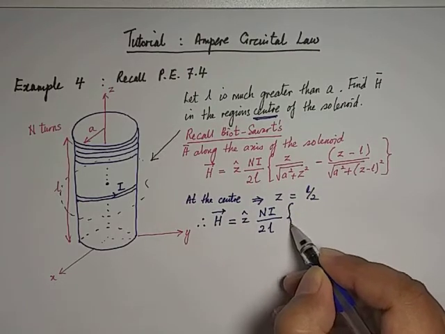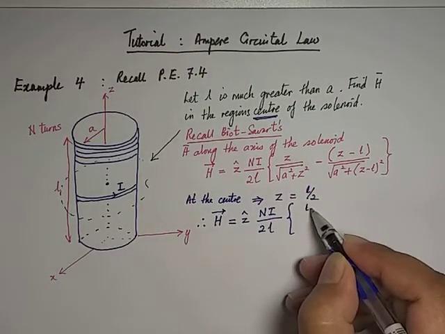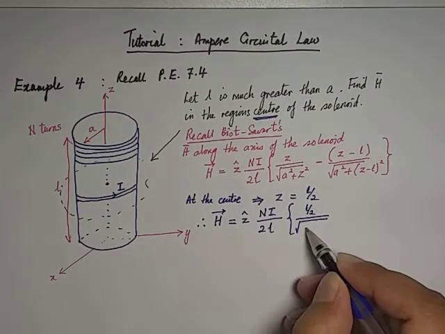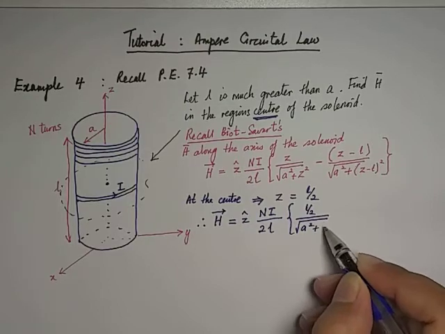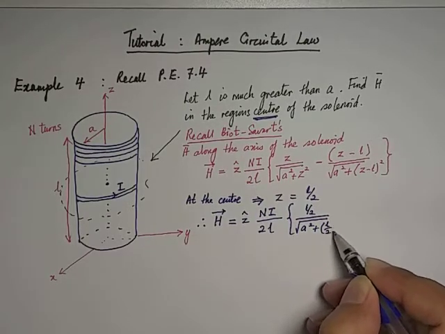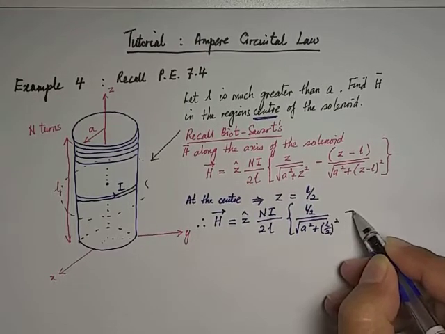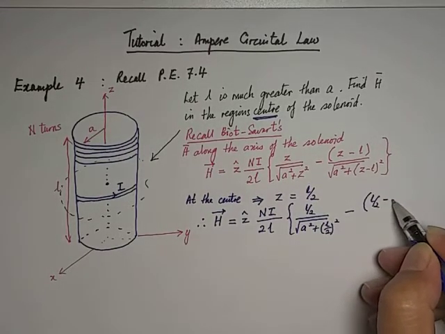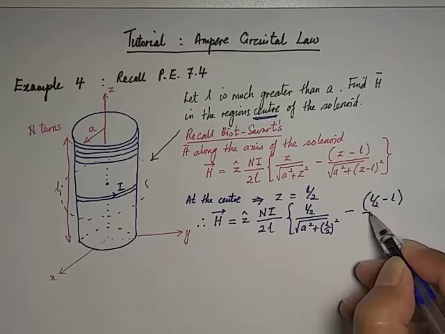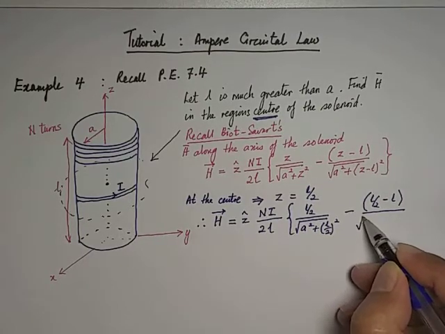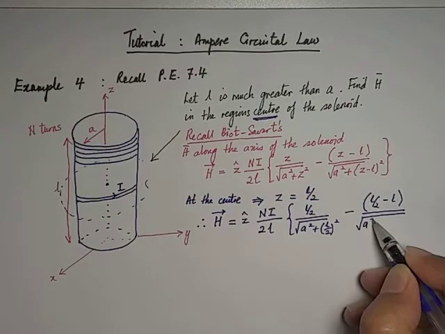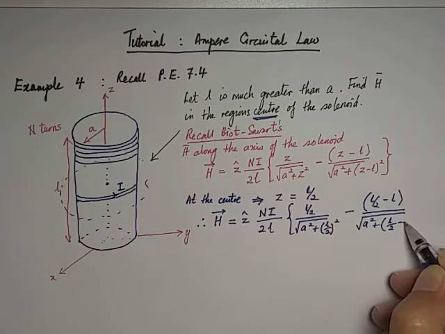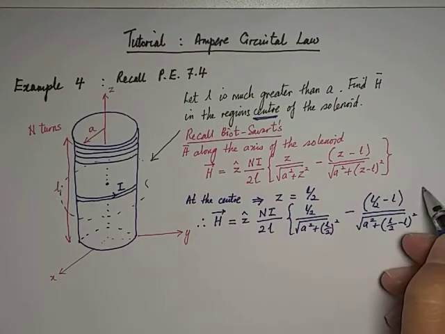The first substitution should be L over 2, divided by the square root of A squared plus L over 2 squared, minus L over 2 minus L, divided by the square root of A squared plus L over 2 minus L, everything squared.